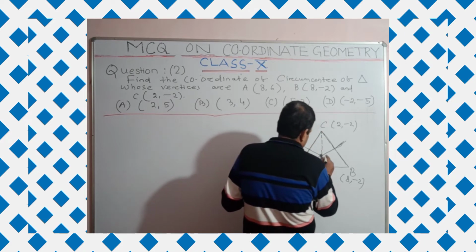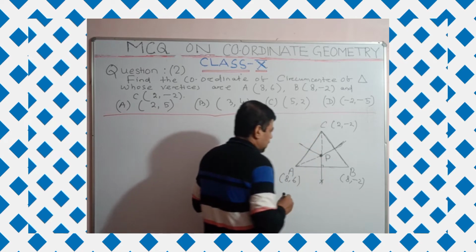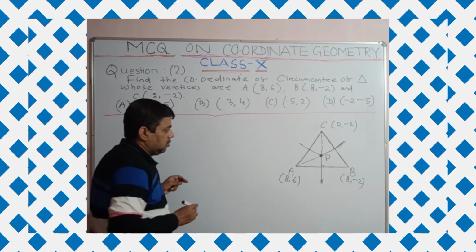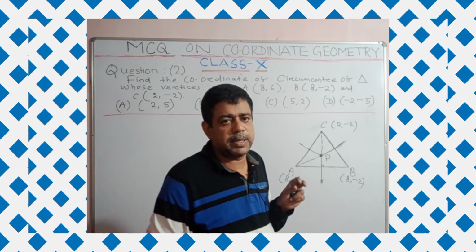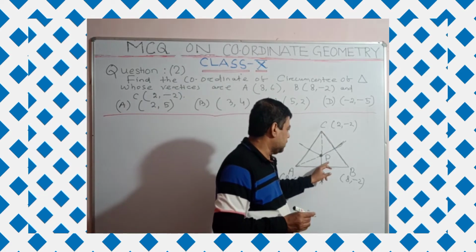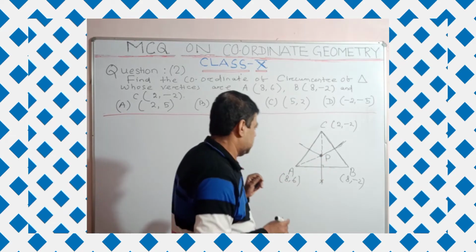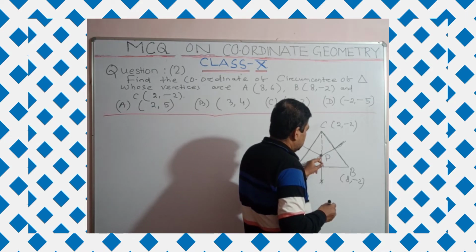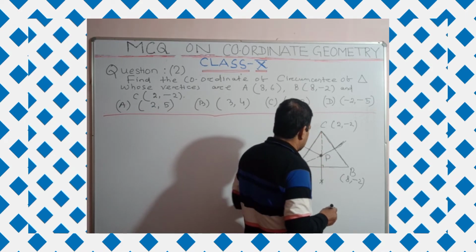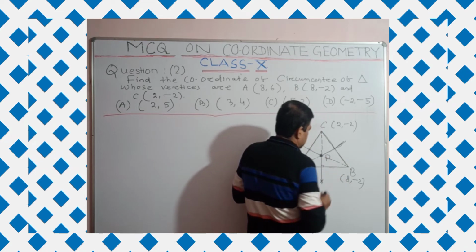Sometimes we denote the circumcenter by the letter C, so to avoid confusion, let P be the circumcenter of the triangle ABC. If you join the point P to the vertices of the triangle, they are equidistant from the vertices.